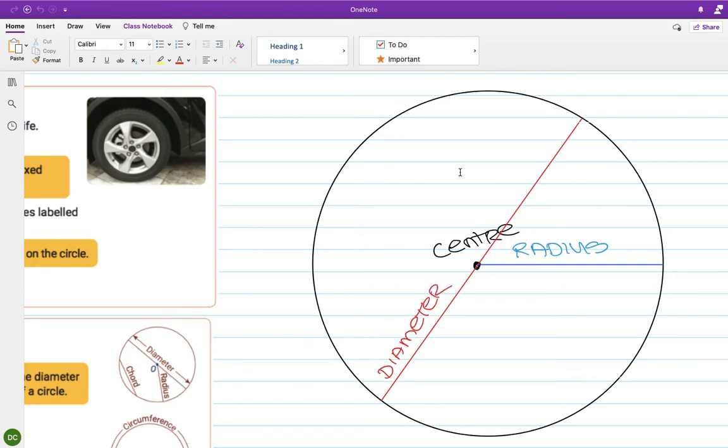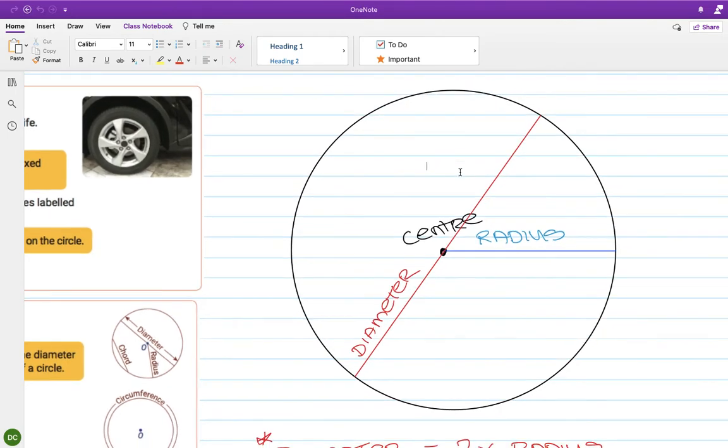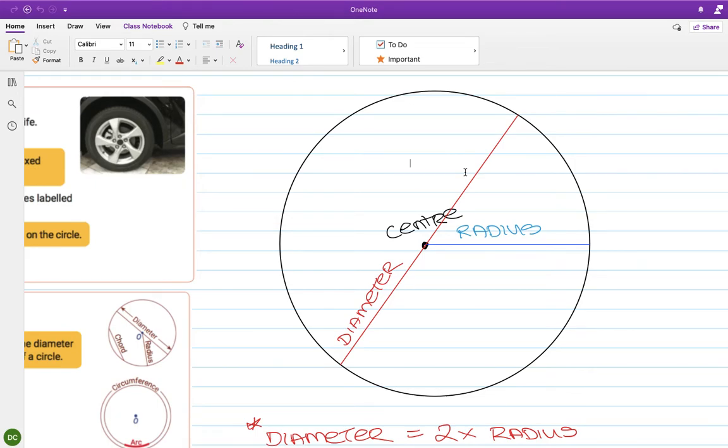And I suppose it's important to note that a diameter, I think you know this anyway, is twice the radius. Yeah?